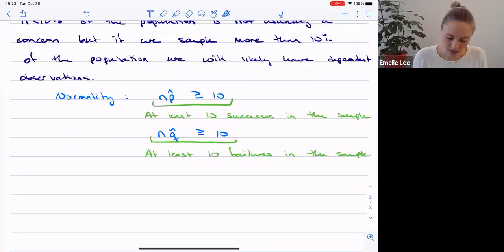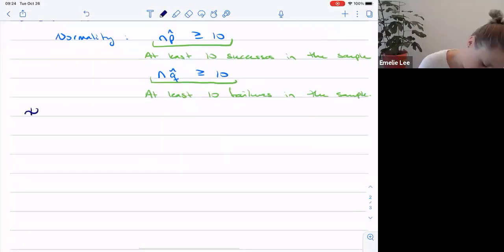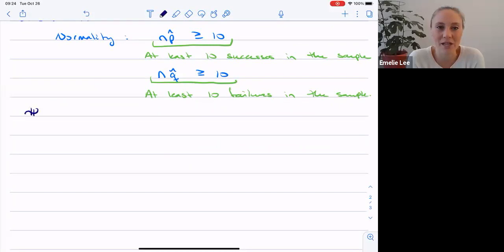And so sometimes you'll have n and p hat, and sometimes you'll just have how many successes out of a total sample size. And then from there, you can find the number of failures, right? So that was a long review, but it's all really important. So I'll end it there and we'll pick up right from there.